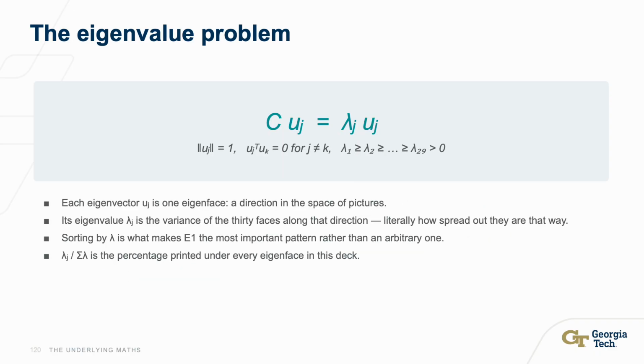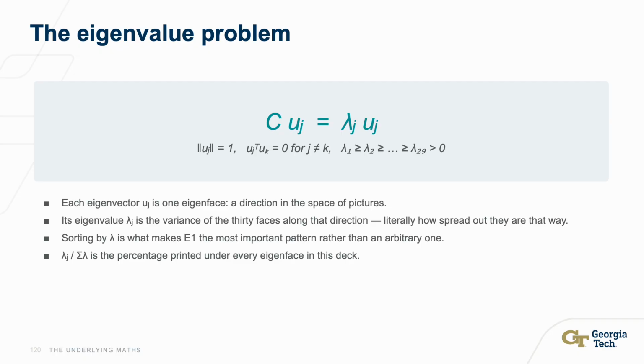vocabulary. The eigenvalue problem itself, C times U_j equals lambda_j times U_j. Each eigenvector U_j is one eigenface, a direction in the space of the pictures scaled to unit length. They are mutually orthogonal, which means each one describes something the others do not.